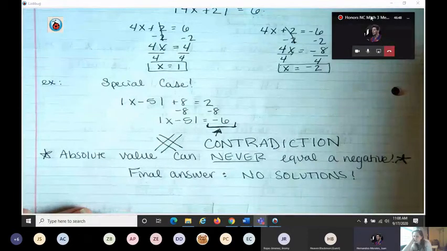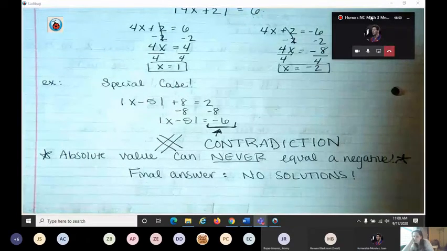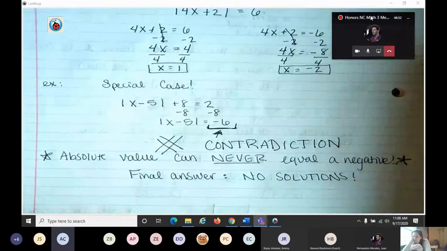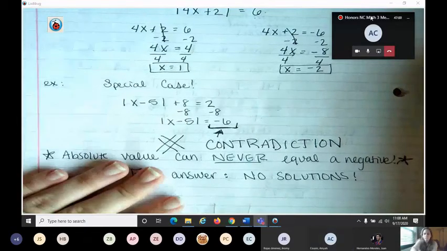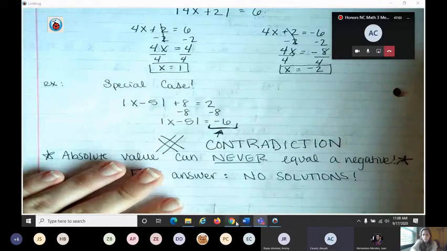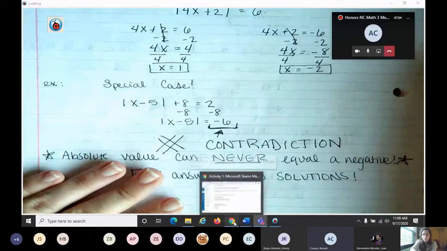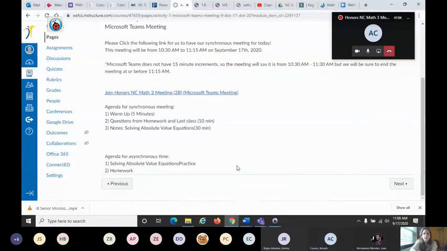Okay, would you guys like to do another example? Miss Roberts, I was looking at the homework for today, and those look harder, because they have the less than, equal to, and the greater than signs. Can you do one of those examples?